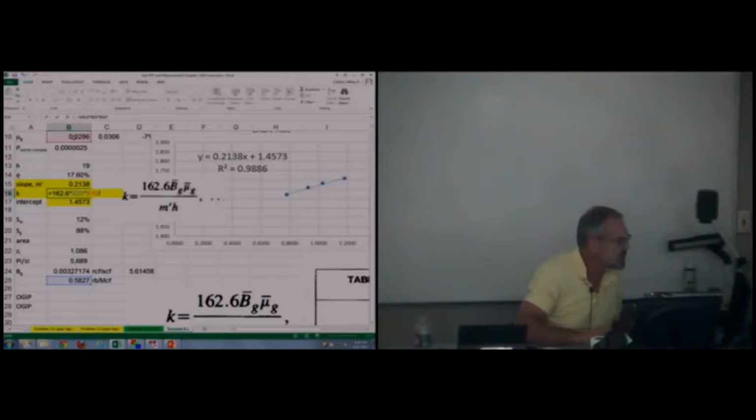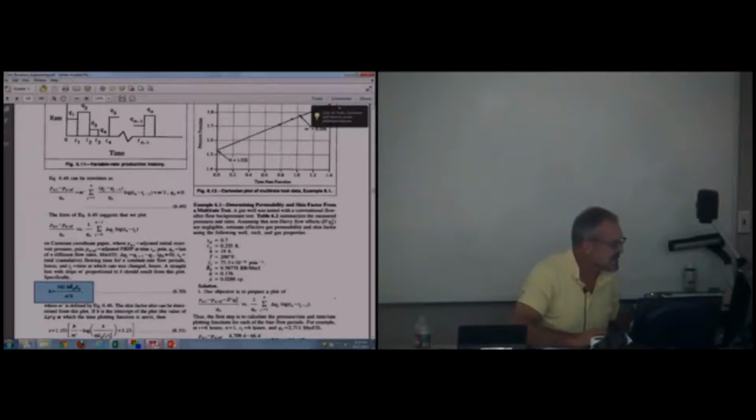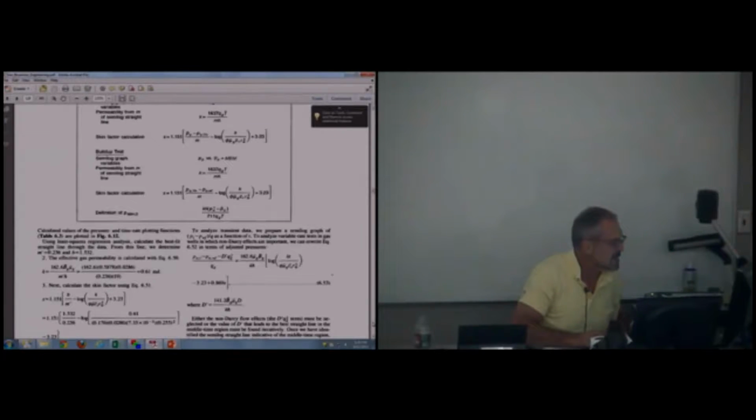Divided by the slope that we got, and divided by the H, the formation thickness. How did we do? I got 0.67 and the textbook got 0.65. Yep, 65. I think all of our numbers are really good.